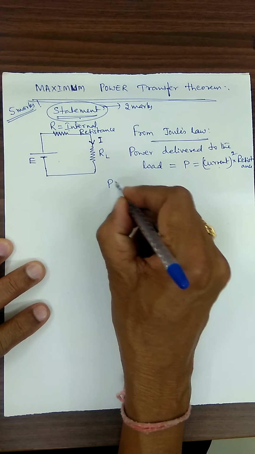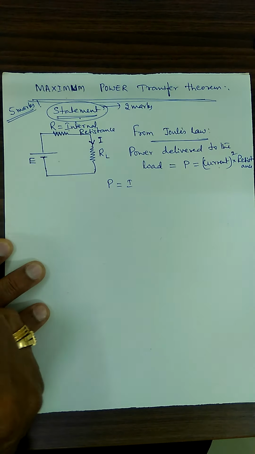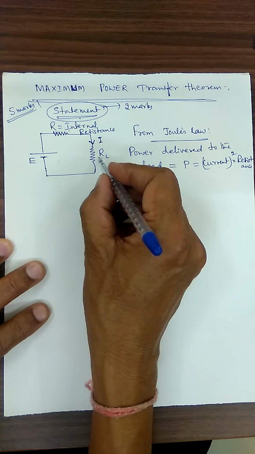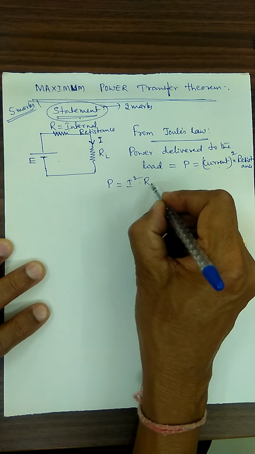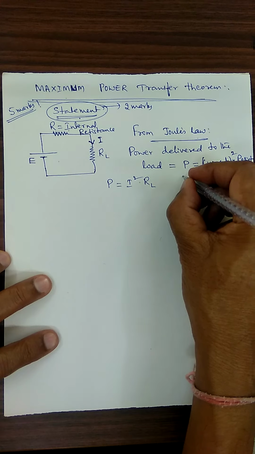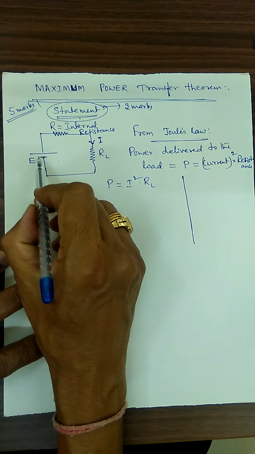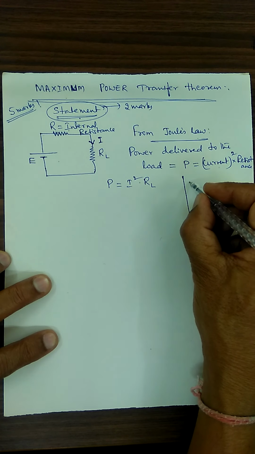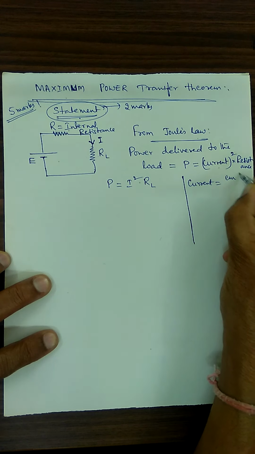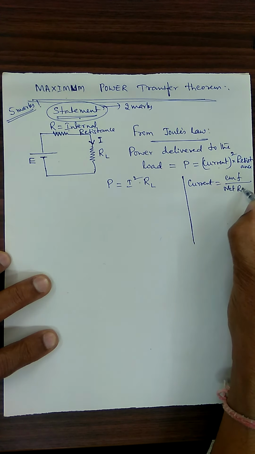Therefore, power is equal to the current I squared into the resistance, which here is the load resistance RL. But we are already aware that, from lower classes, current is equal to EMF divided by the net resistance, meaning the total resistance.